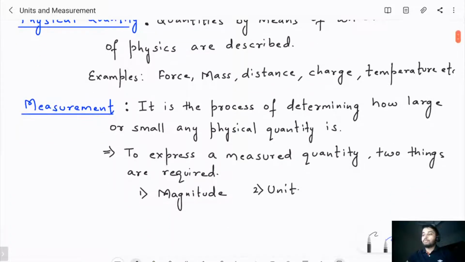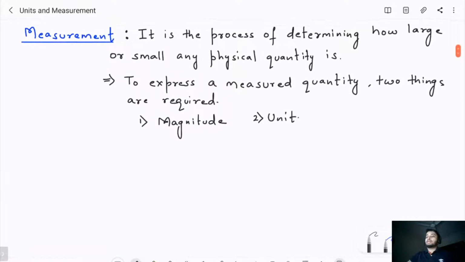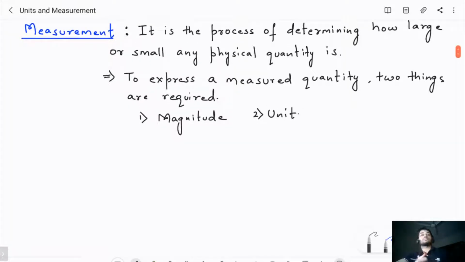Magnitude will give us an idea of how large or small the particular physical quantity is, whereas unit will help us understand what exactly is the physical quantity that has been measured. Like if you write 30 kg or 30 meter, both magnitudes are the same, but 30 kg means I'm talking about mass, and 30 meter means I'm talking about length.